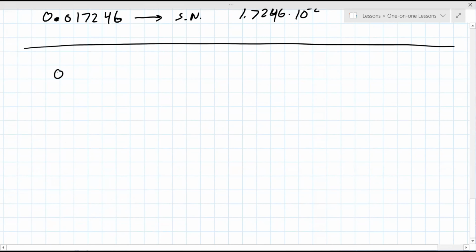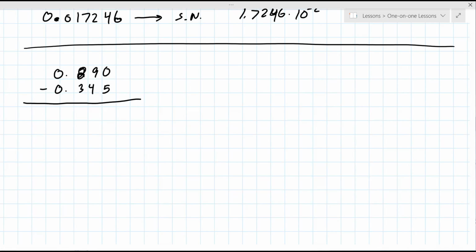Like if I ask you to do 0.0290 minus 0.345, could you do this for me, please? Yeah. Now this one, actually, let me change this first. Let me make this an 8. 0.545. 0.545, great.